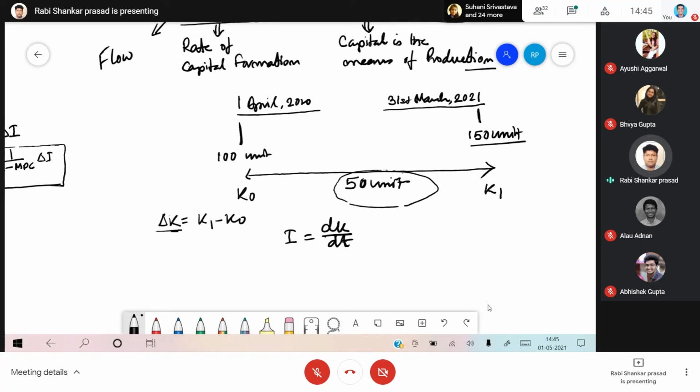So you can write investment in this form: investment is the change in capital due to change in time, or you can write delta K upon delta T. Change in capital during a given time period. Clear? Capital is the stock measure and investment is a flow measure.